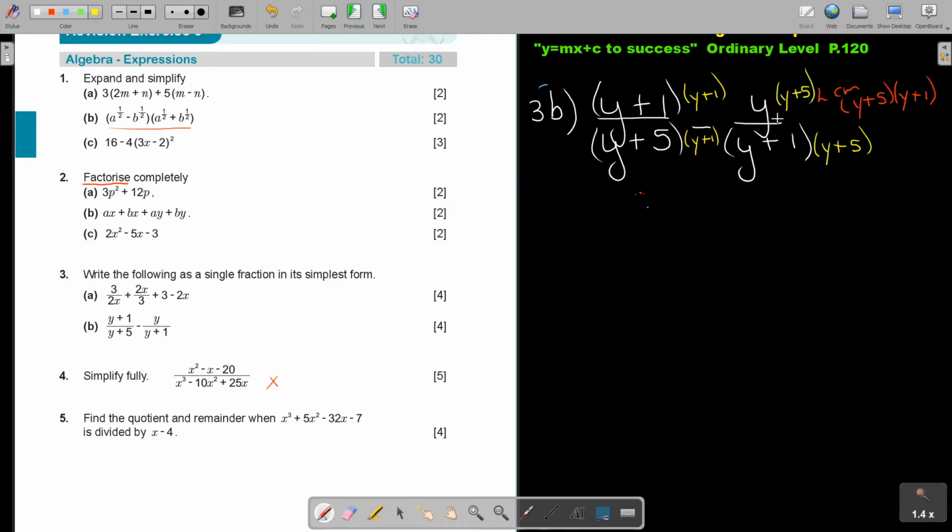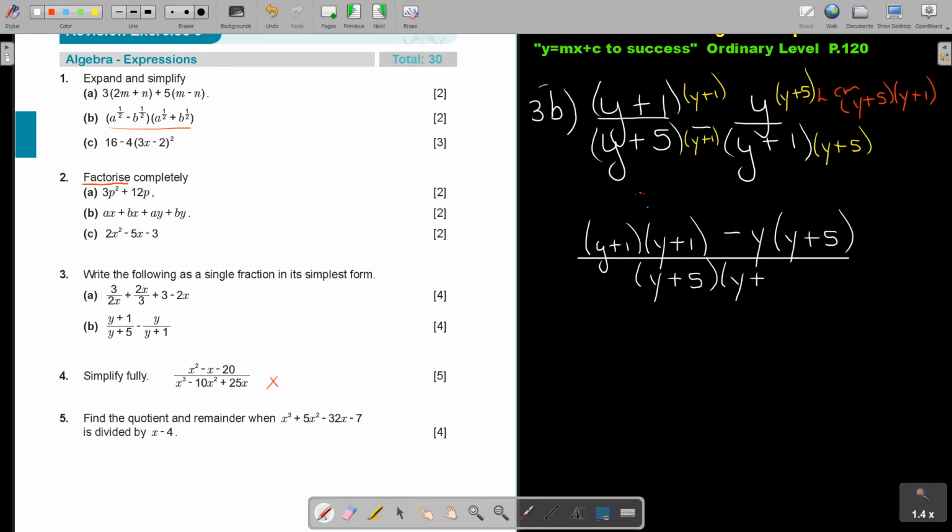And now I can just write everything. So I will have y plus 1 minus y over y plus 5, and it's going to be y plus 5 over y plus 1.